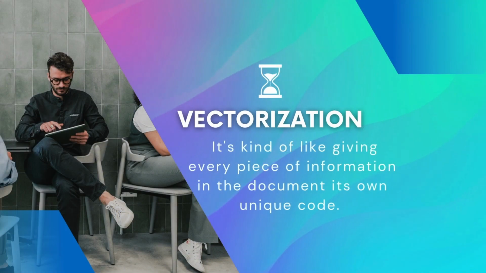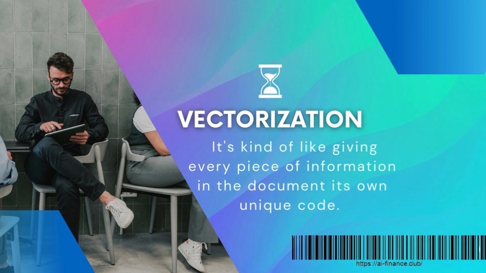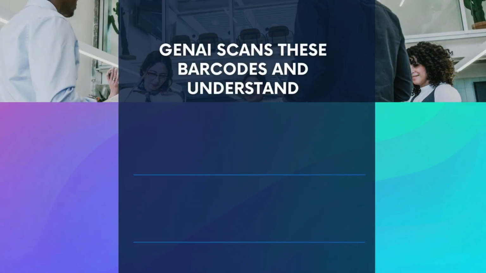This process is called vectorization, which sounds complicated, but really, imagine every sentence has a little barcode, like those barcodes on the grocery items you buy, and that represents its meaning. So the AI scans these barcodes and understands what each piece of information is about.